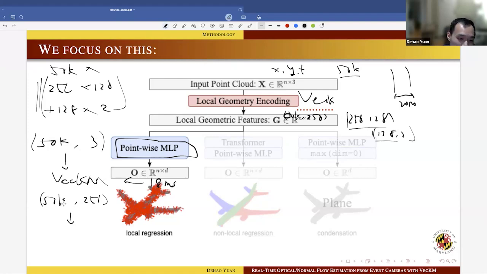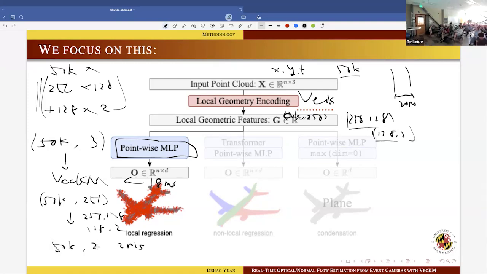And then from 256 to 128 and then 128 to 2, this 2-layer MLP only takes about 2 milliseconds. It's actually very fast. On what though? What's one word?